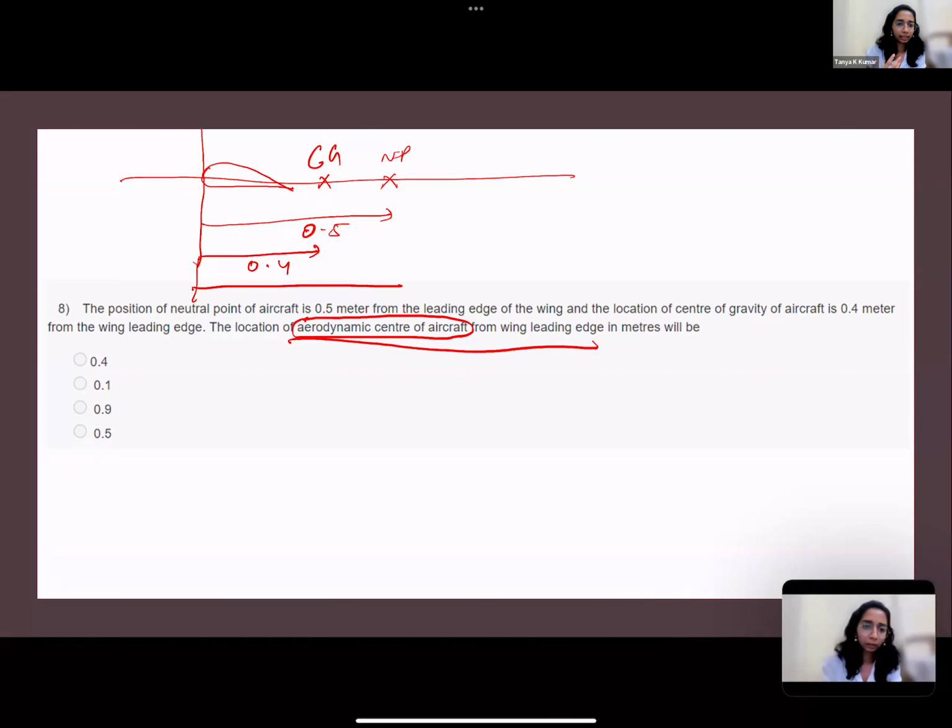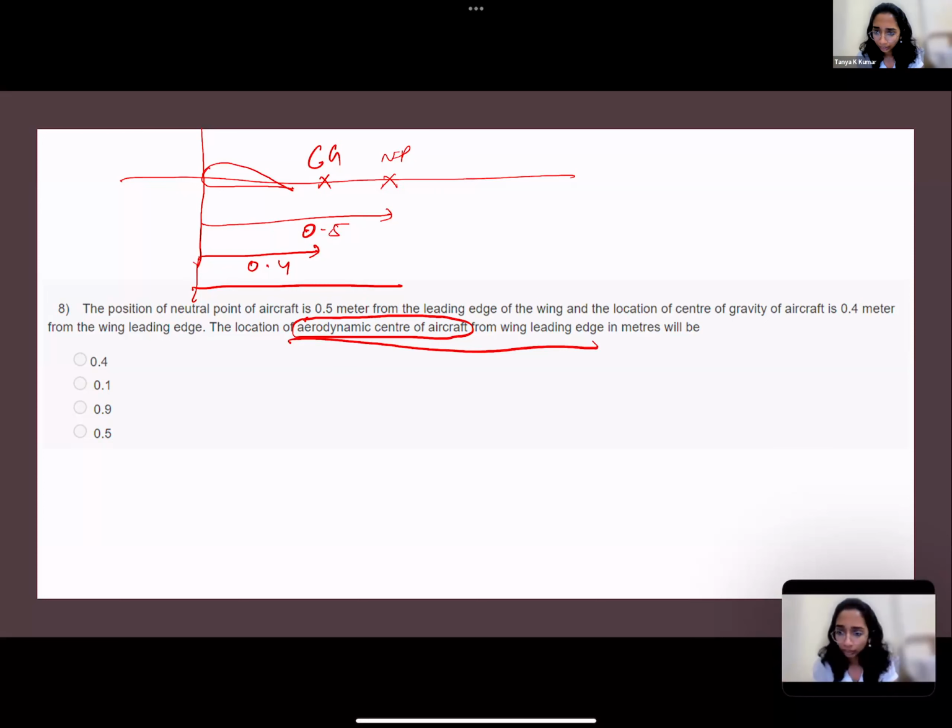Just type it up or tell me. You can also tell me if it was just random guessing. Okay, I thought it was AC. All right. So no, it's CG. CG of the aircraft is at 0.4 and neutral point is at 0.5. They've asked you AC of the aircraft.